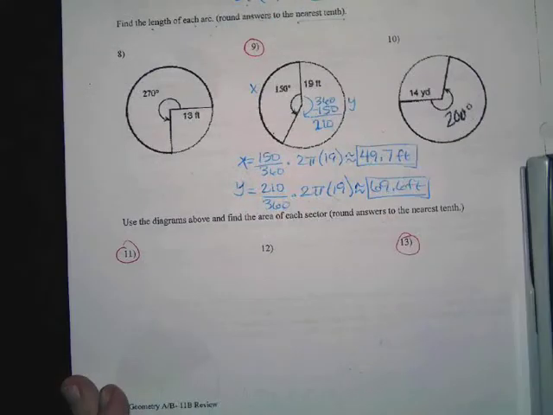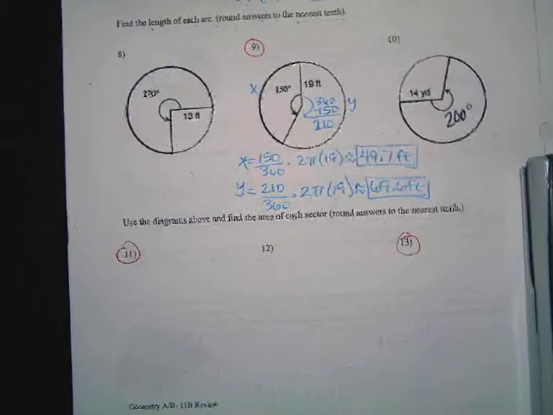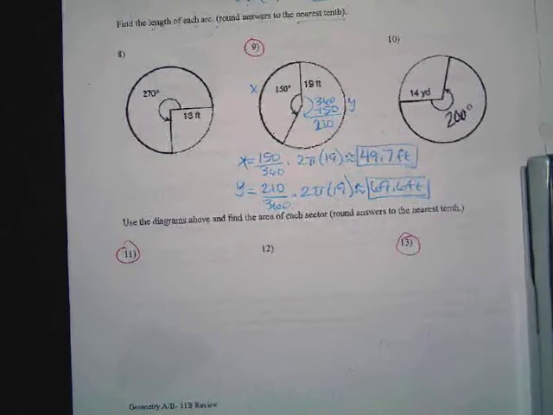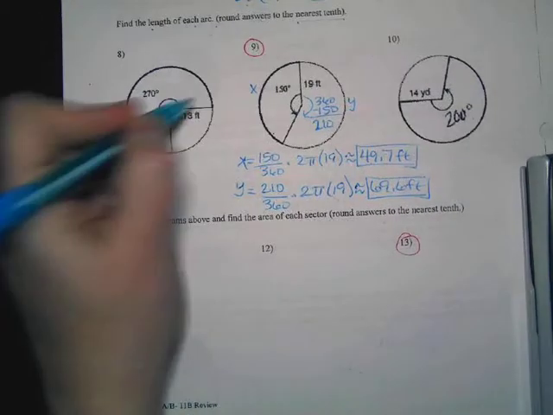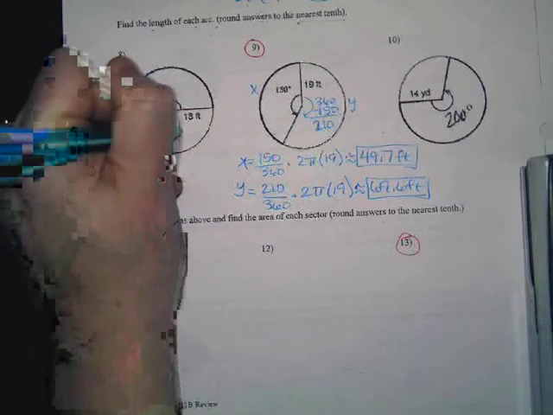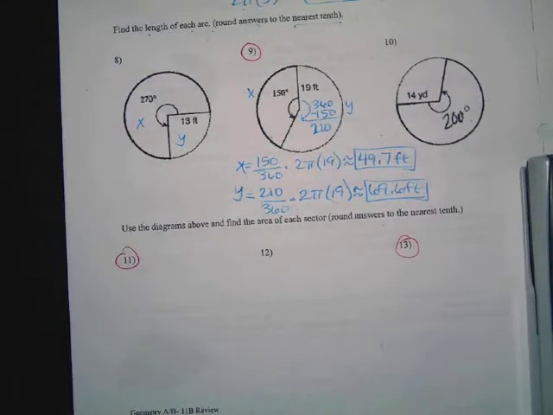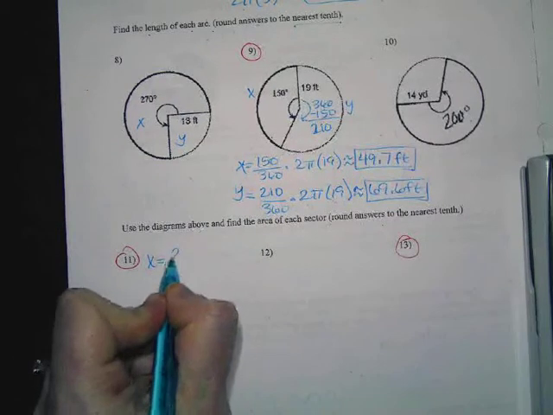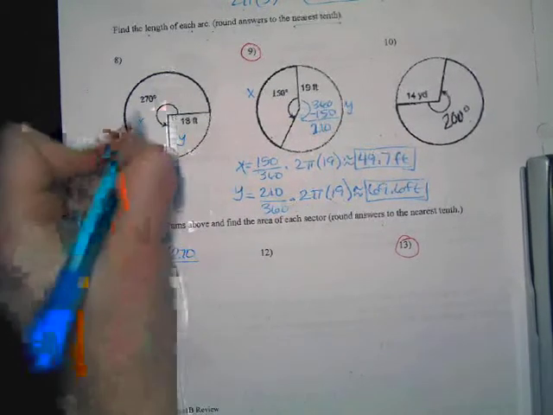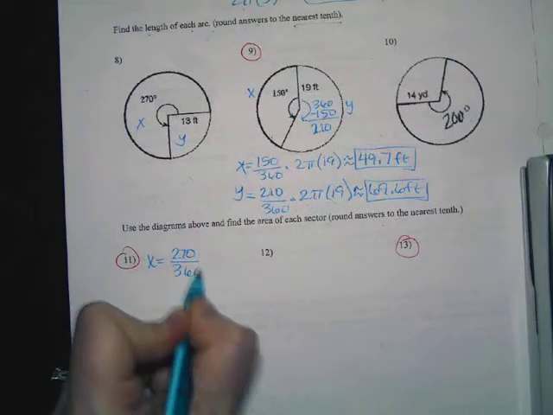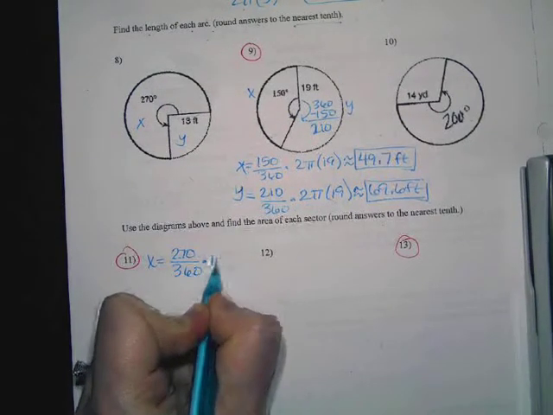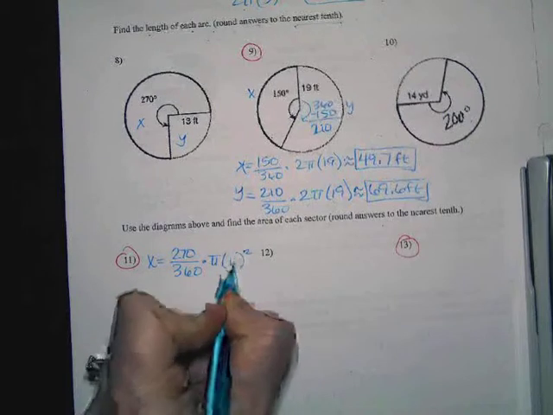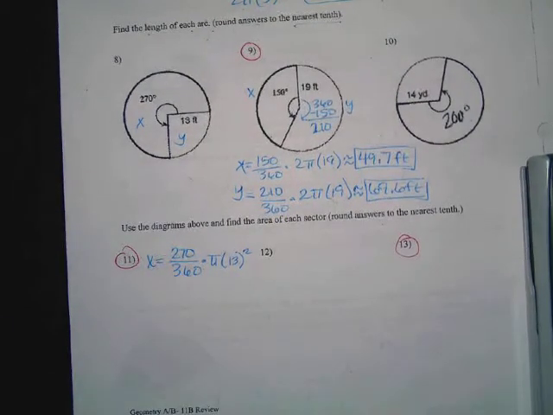All right, number 11 wants us to find the area of each sector above. Round answers to the nearest tenth. If we're finding the area of the bolded, we'll call that area x, the little area y. The area formula is the arc measure. So for x, that arc is 270 over 360, times pi r squared, where our radius in this problem is 13.